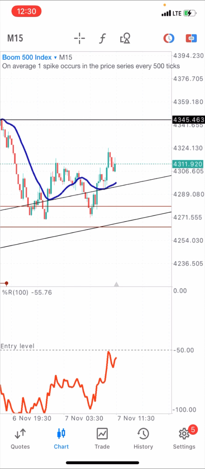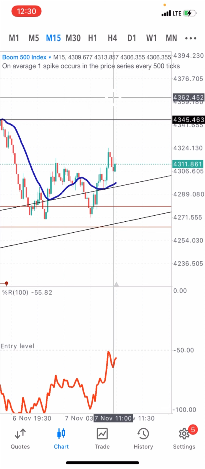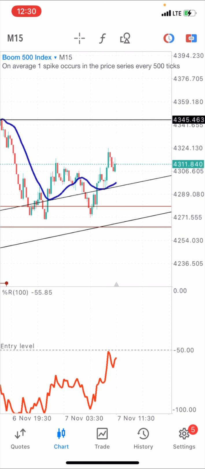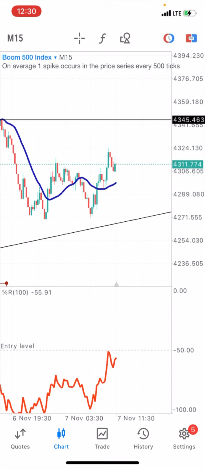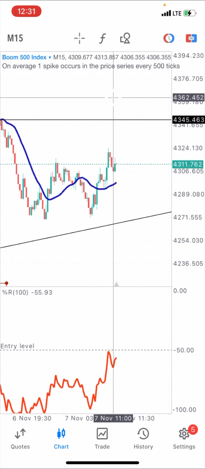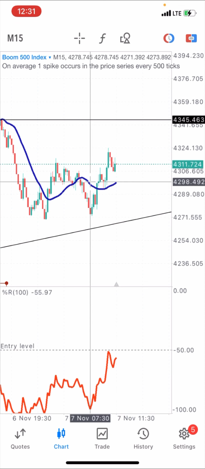Okay, so also on your main chart, let me take all of these out. All right, so also on your main chart, you would notice that price has crossed above the blue line here.